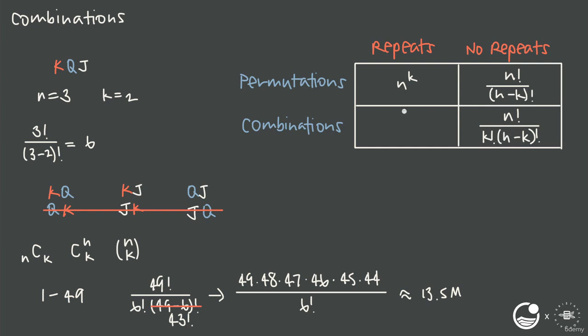And then the last idea is combinations when we can repeat values. This one's probably the hardest to understand, but the easiest way to visualize it is to think about an example. So let's say we'll set up a table here. Let's say that we are an online health food store.